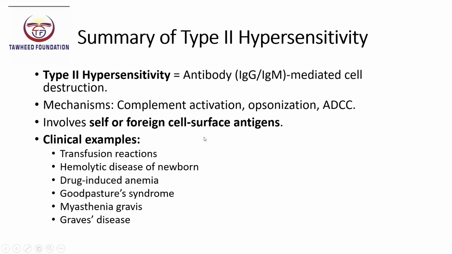This reaction can involve self-antigens leading to autoimmune diseases or foreign antigens leading to transfusion reaction and hemolytic diseases. Key clinical examples include blood transfusion reaction, hemolytic disease of the newborn, drug-induced hemolytic anemia, Goodpasture syndrome, myasthenia gravis, and Graves' disease. Understanding these mechanisms is crucial for both diagnosis and treatment purposes.